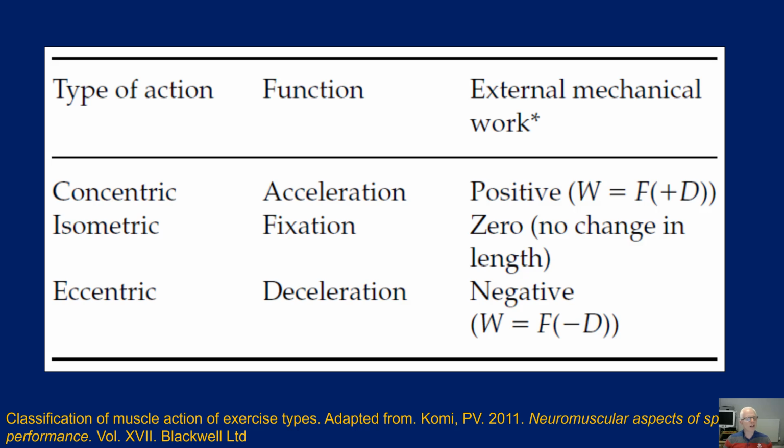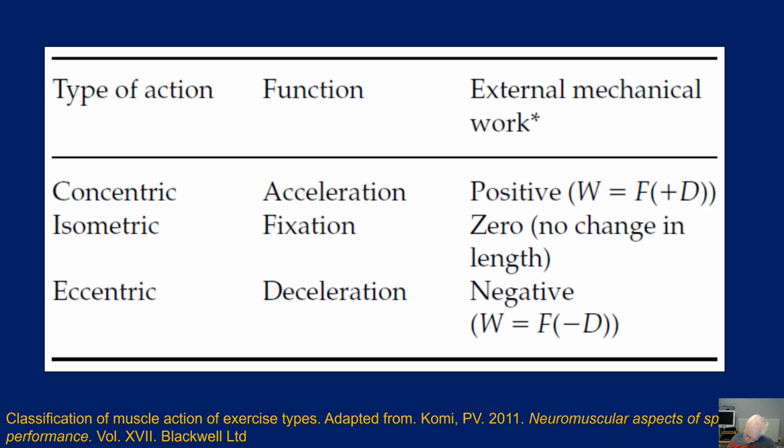And then sitting in the middle, there is this notion of isometric. Under isometric, there is no change in muscle length. It's a state of fixation. In many ways, it's worth recognizing that most of the muscle activity that we undertake probably has a component of being concentric, isometric, and eccentric. So if you think about walking and running, there is absolutely a concentric phase as we accelerate into the ground.